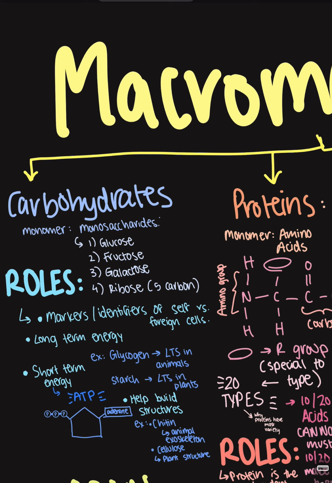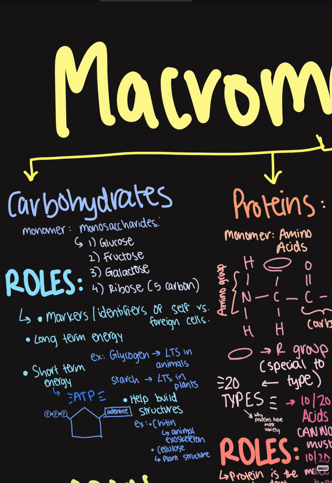And there are 4 main types of monosaccharides. You have 1, glucose, 2, fructose, 3, galactose, and 4, ribose. Glucose, fructose, and galactose are all 6 carbon molecules, whereas ribose is a 5 carbon molecule.